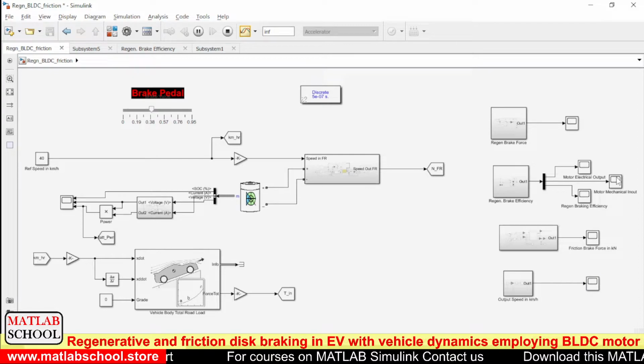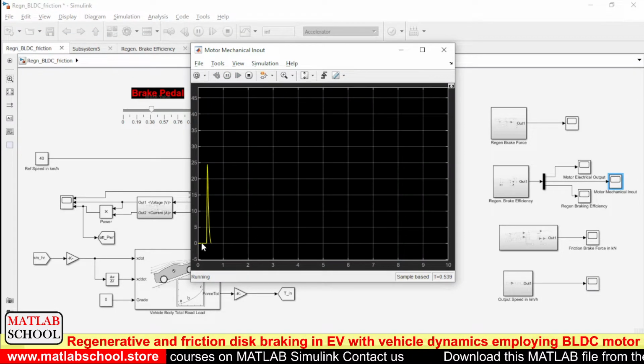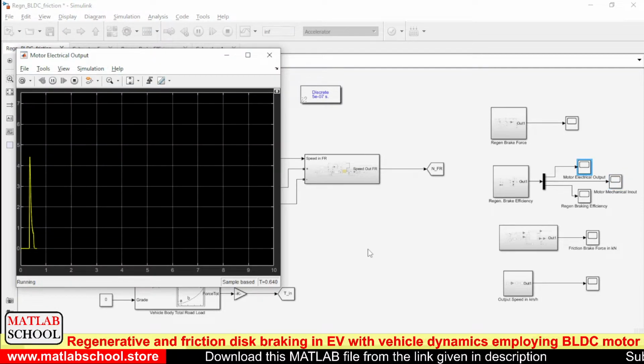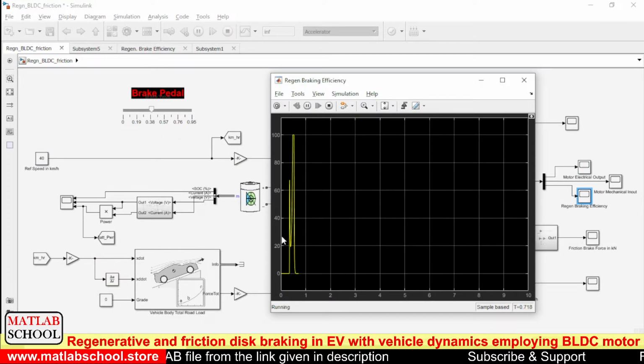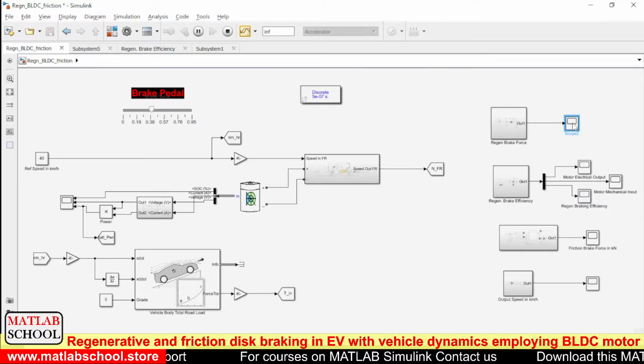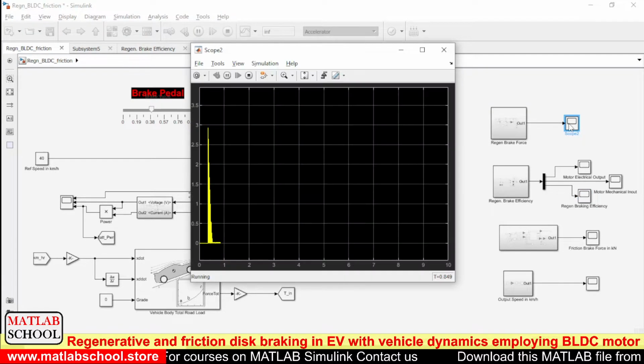You can see the corresponding mechanical energy. This is the mechanical energy produced during regenerative braking. This is the electrical energy produced during regenerative braking, and this is the efficiency during regenerative braking. You can see the efficiency varies from point to point. And this is the regenerative brake force produced, in terms of Newton meter.